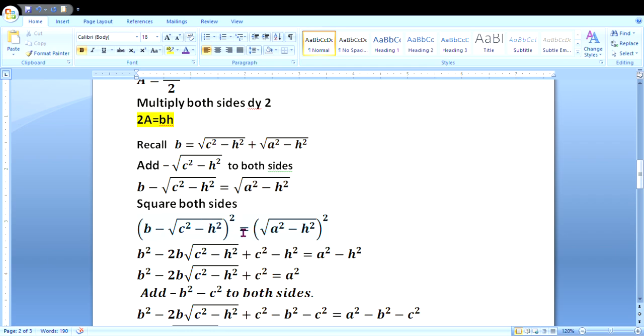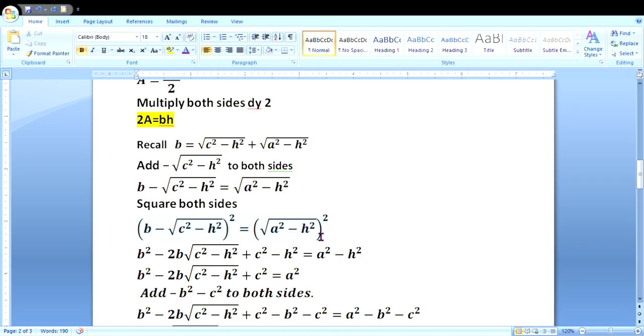If we simplify this expression, this becomes b square minus 2b times the square root of c square minus h square, plus, if you square the square root of c square minus h square alone, it will give us c square minus h square.